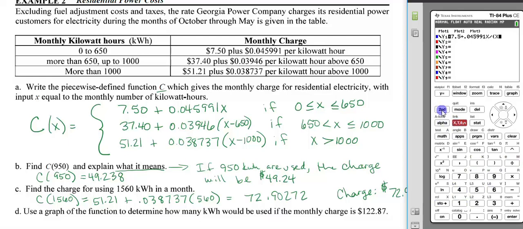So x is greater than or equal to 0, and then our logical operator of and, meaning both of these conditions have to be satisfied at the same time. X is less than or equal to 650. And close that condition.